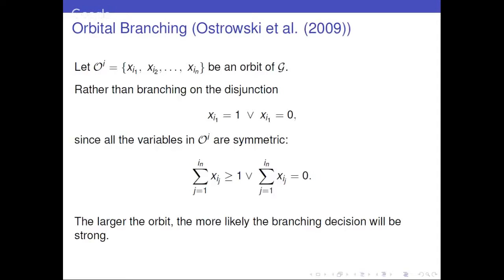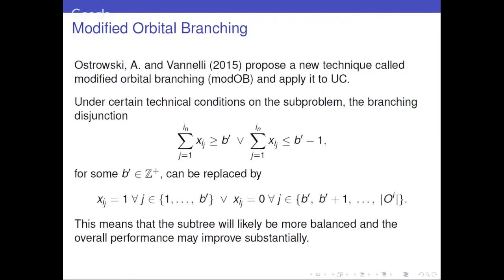So we played with this for unit commitment and tried different ideas and came up with what we call modified orbital branching, which is essentially saying, instead of picking 0, 1, you can say, I want the sum of my x's to be at most b prime minus 1, or at least b prime. These are all 0s and 1s, so we're just deciding how many are 1.